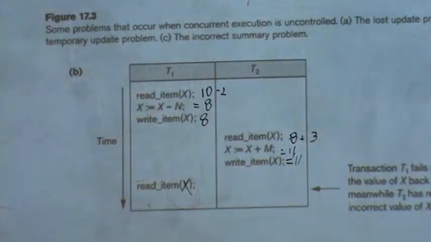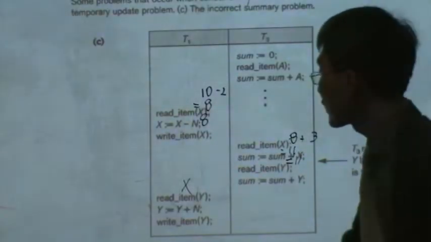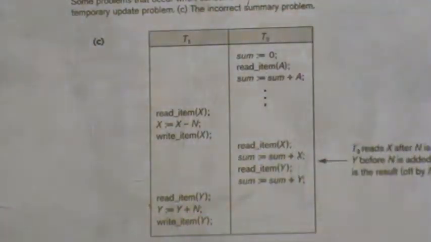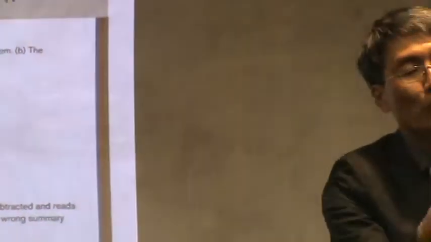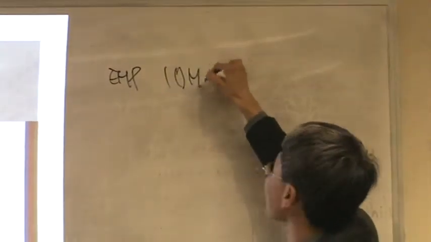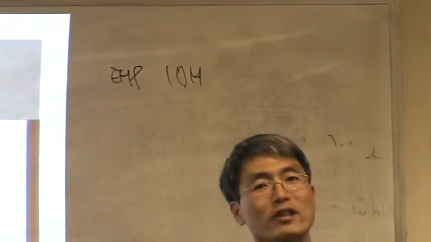Another good example that really happens in real databases is the incorrect summary problem. Let me give another simple example. Suppose you own a huge company with 10 million employees.